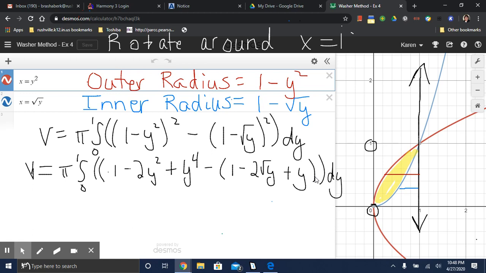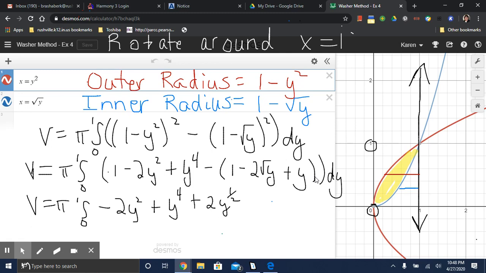And for our next step, we will combine some like terms. So volume would equal pi times the integral from 0 to 1. Your ones actually cancel. So we'll have minus 2y to the second plus y to the fourth plus 2, and I'm going to write the square root as y to the 1/2, and then minus y.